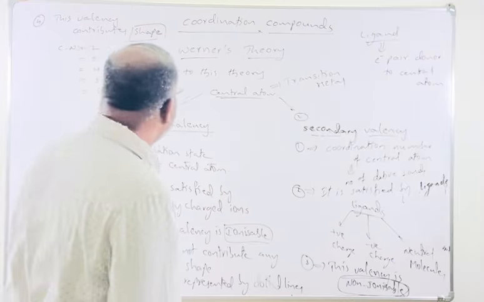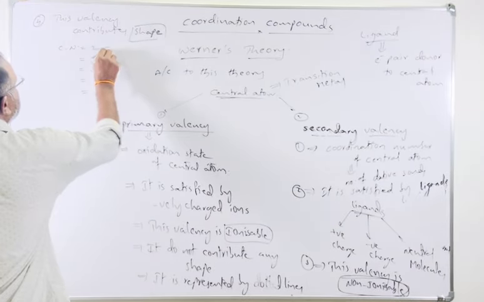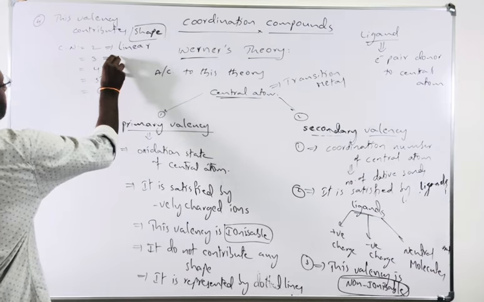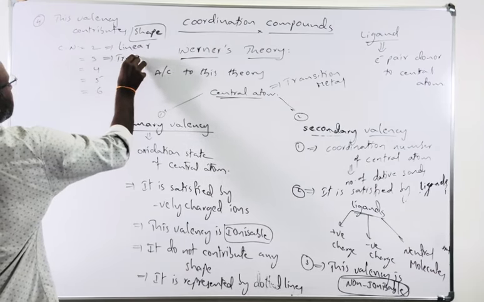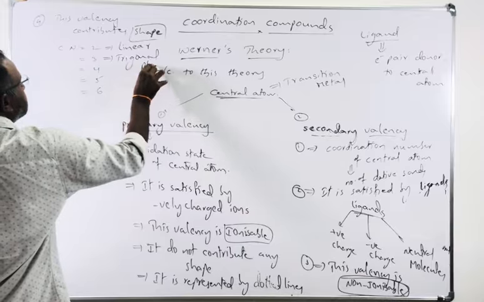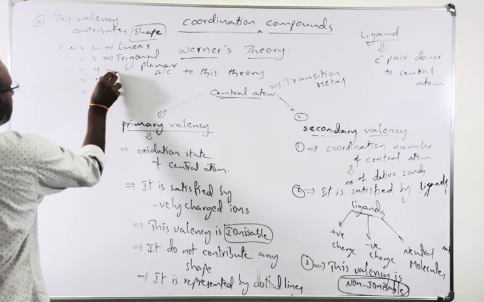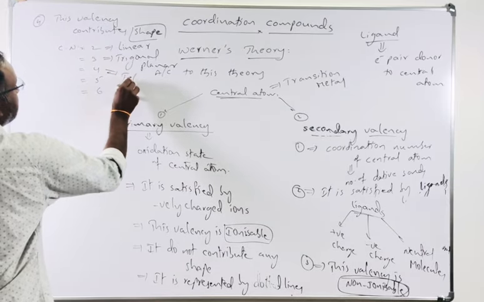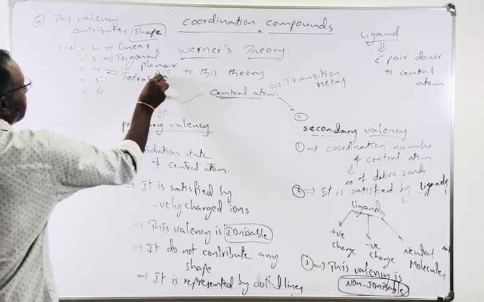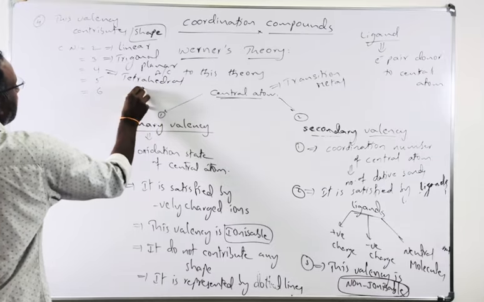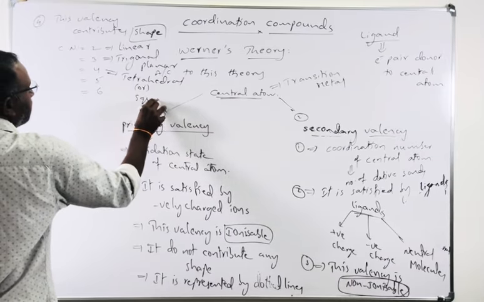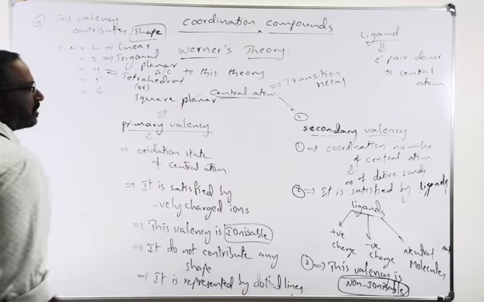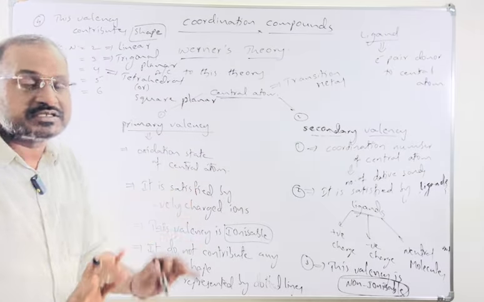If coordination number 2 is there, the shape will be linear, and if coordination number 3, the shape will be trigonal planar. If the coordination number is 4, the shape may be tetrahedral or square planar, depending upon hybridization or the approach of the ligands to the central atom.